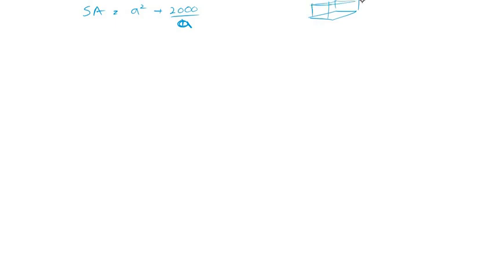Let's get dSA over dA. If we differentiate this we get 2A plus, let me differentiate this on the side, 2000 A to the power minus 1. By the power rule, A is the variable, it's minus 2000 A to the power minus 2.